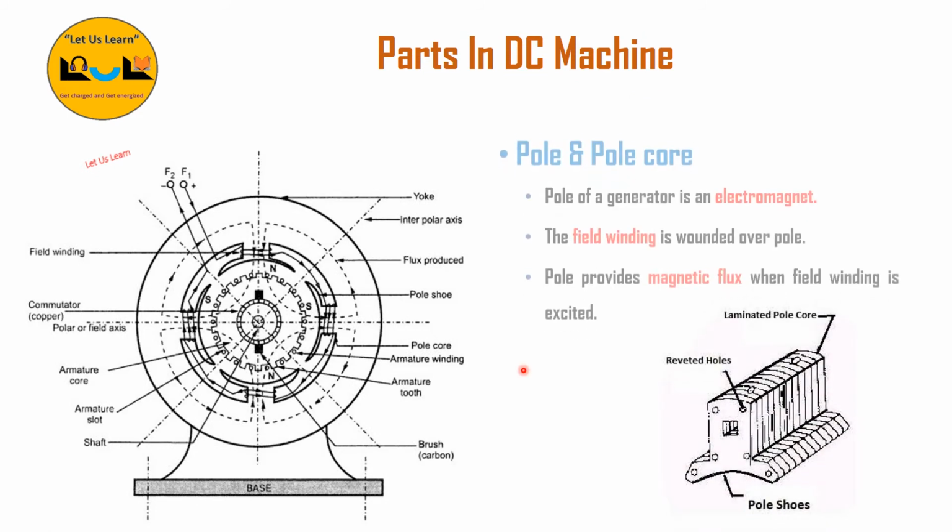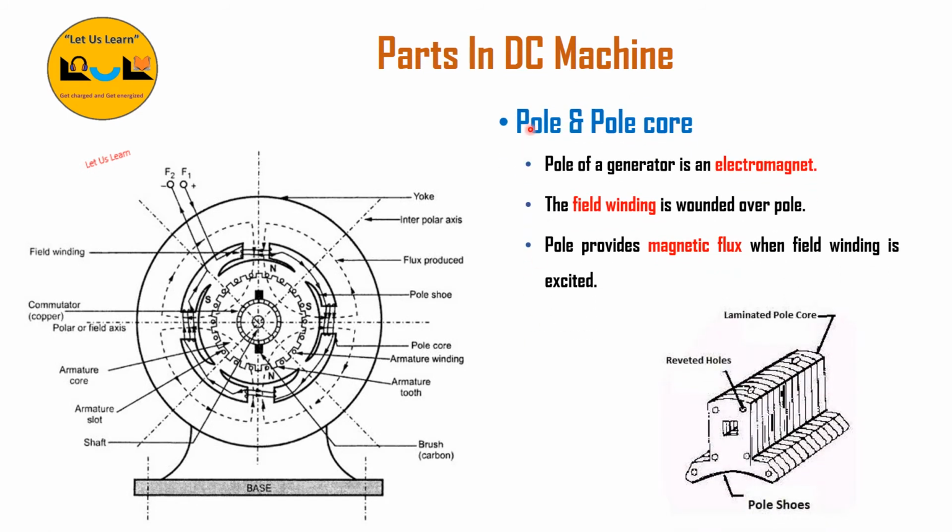So now here we are going to discuss the pole and the pole core. See, in this cross-sectional view diagram, this is called the pole shoe, and this is called the pole core. Here the pole of the generator is an electromagnet. Whenever I give input to this pole, it is wound with a coil, and the electrical energy is given as an input.